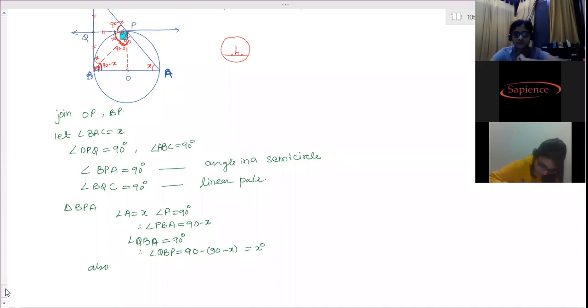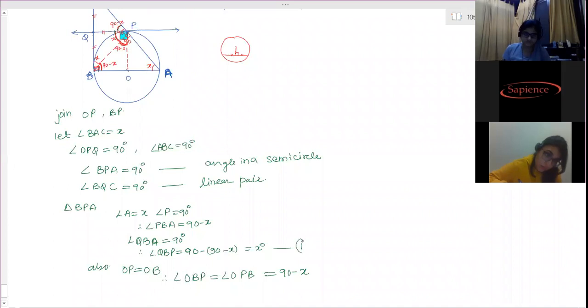So keep writing. Also, OP is equal to OB. Therefore, angle OBP is equal to angle OPB, that is equal to 90 minus x. Therefore, angle QPB is equal to 90 minus (90 minus x), that is x.